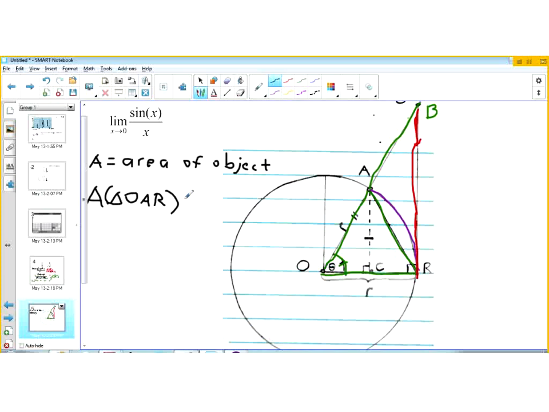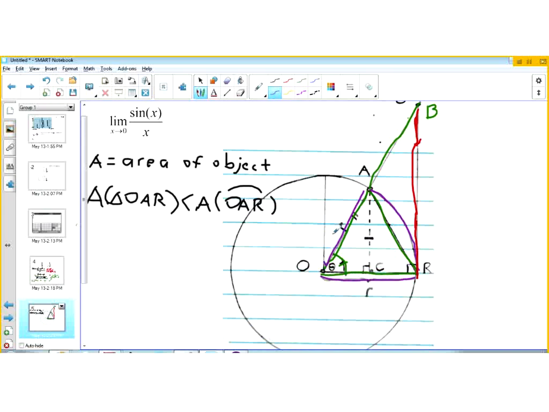That happens to be less than the area of sector OAR. Let me outline in purple what sector OAR is. Sector OAR is this object outlined in purple.